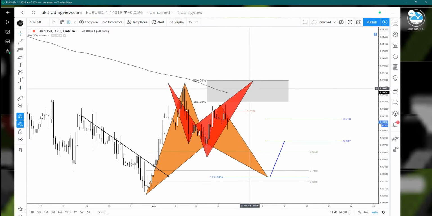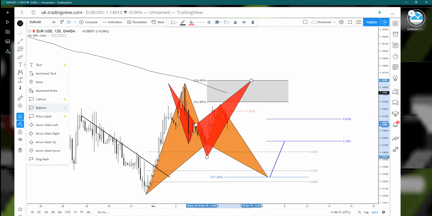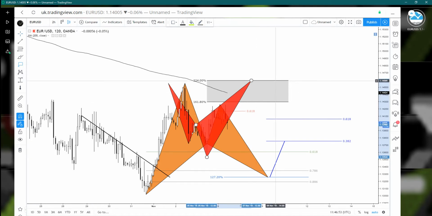So bearish shark pattern at 1618 extension and bearish shark pattern at 224 extension. I believe a new high above this resistance is about to be formed, so I will take in consideration this shark pattern at 224, which is positioned at 114.59.